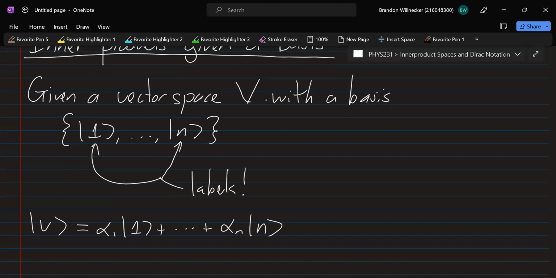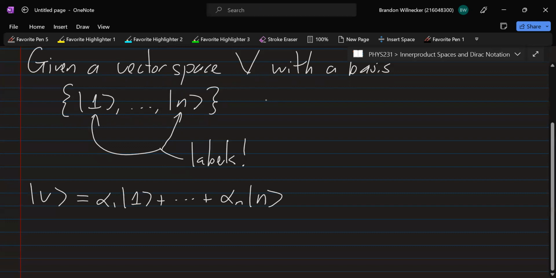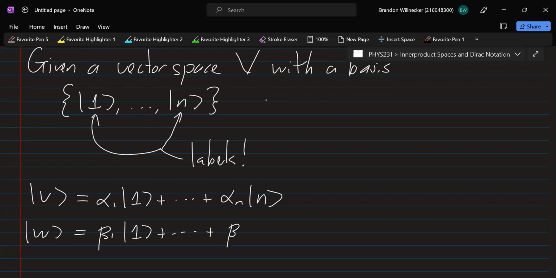We may not need all the basis elements, but then those particular alpha values would just be 0. In general, this would be the basis expansion for V. And if we had another vector W, this would be beta 1 |1> up to beta n |n>, like so.